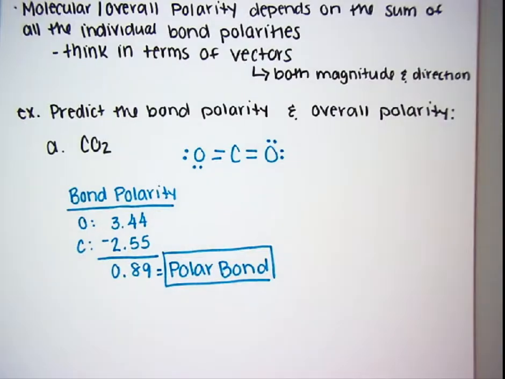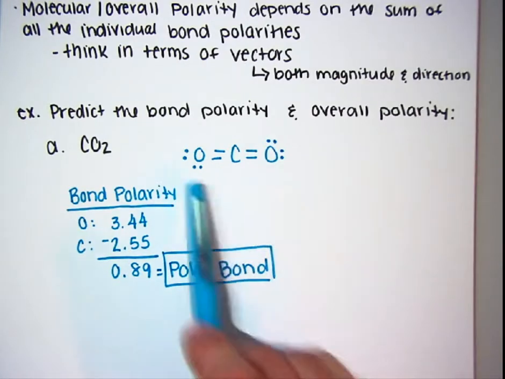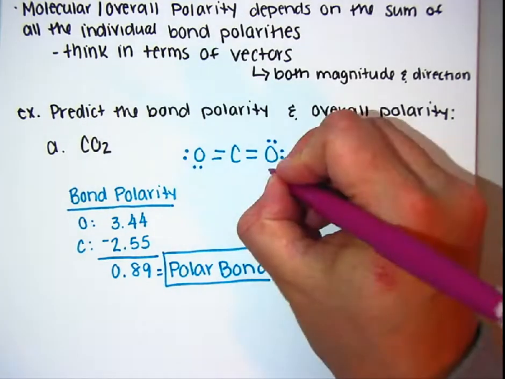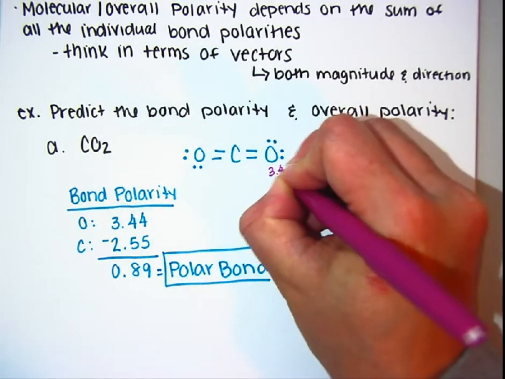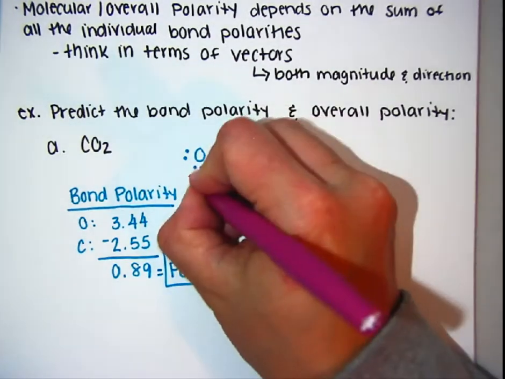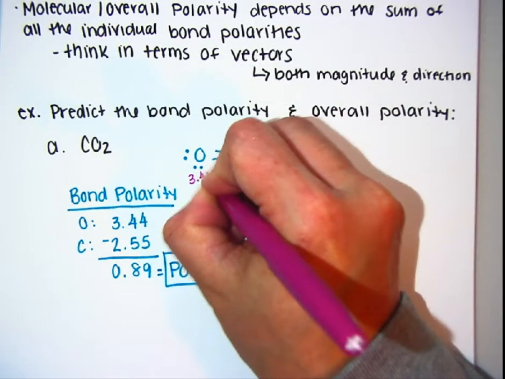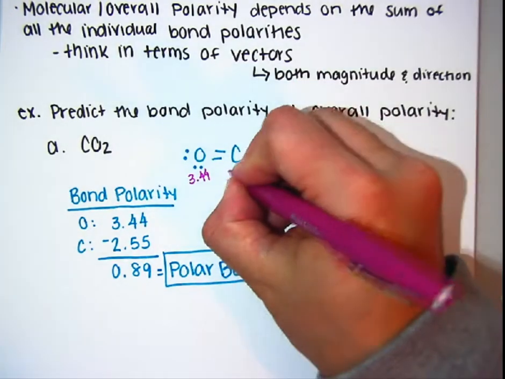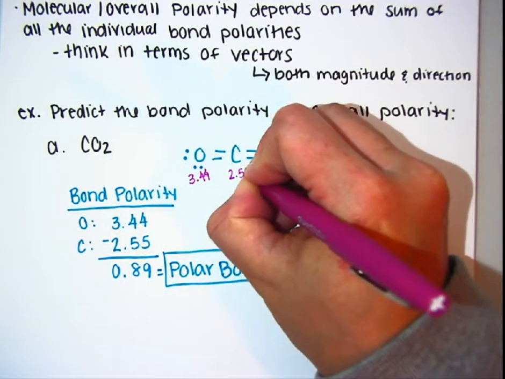When we are looking at overall polarity or molecular polarity, we need to look at the entire molecule. Here's where vectors come into play. Each oxygen has an electronegativity of 3.44, and carbon is 2.55.